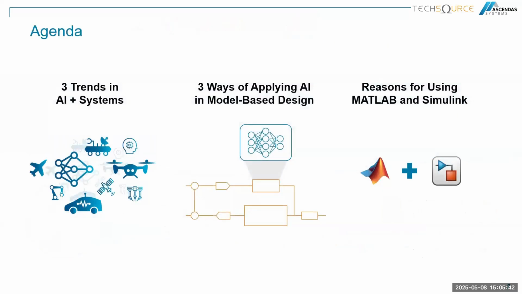So the agenda today, let me begin with a quick overview. At first we will explore the three key tenets in AI and the system, and how we adopt AI across system engineering.